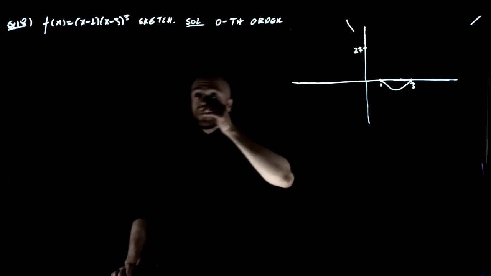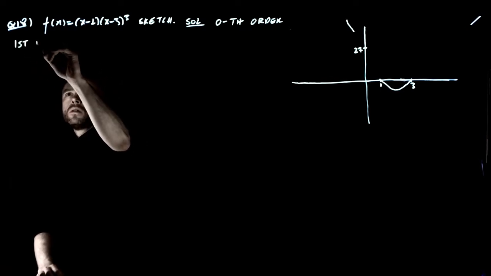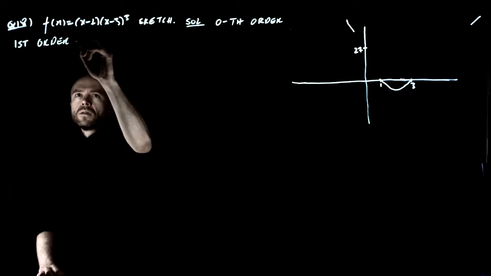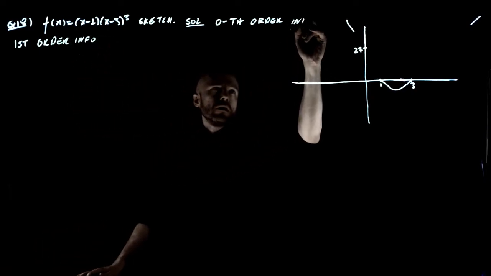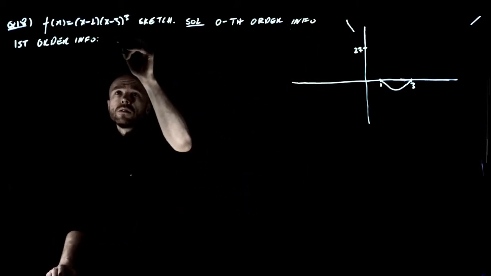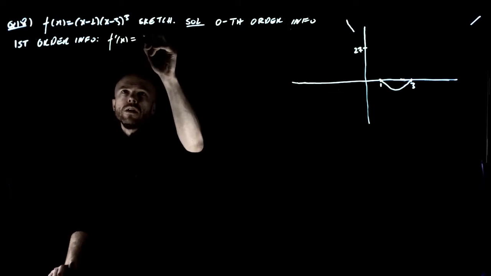Okay, so now let's take first order information, which we are going to get by differentiating, of course. So it's just the product rule. Differentiate the first guy, leave the second guy alone.